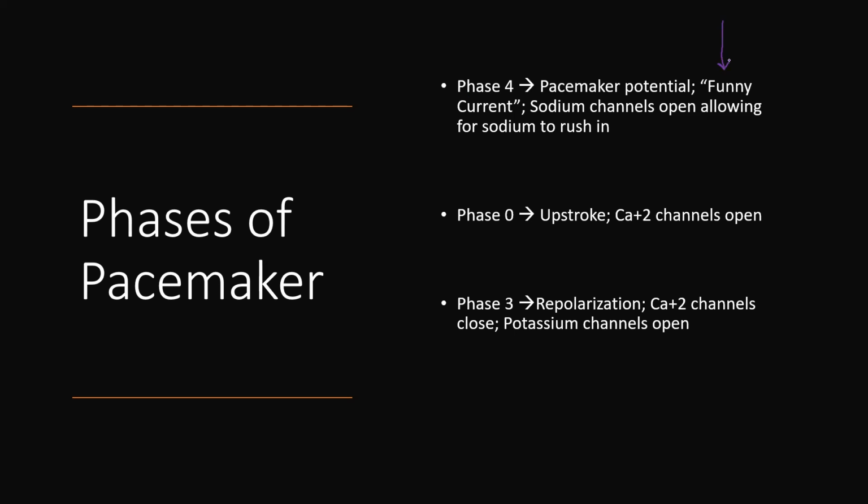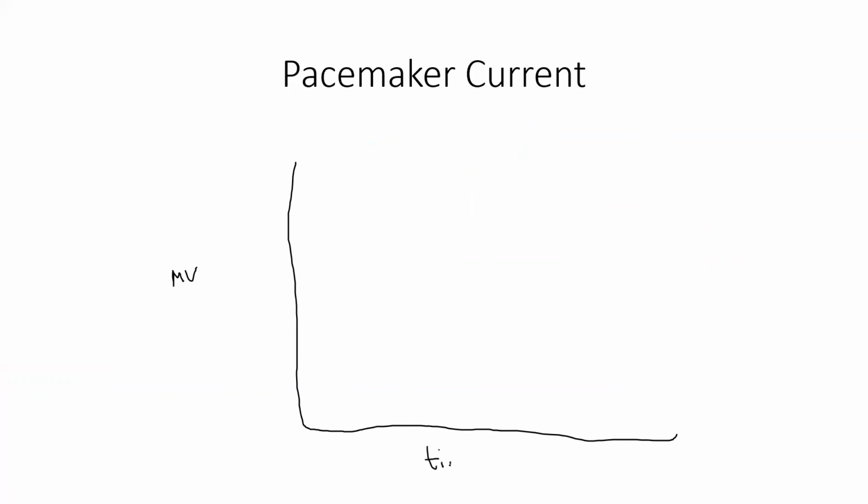So let's draw it before I explain it. It's the same setup. Draw the same graph, millivolts over time. There we go. The numbers we want to worry about are -60 and -40.